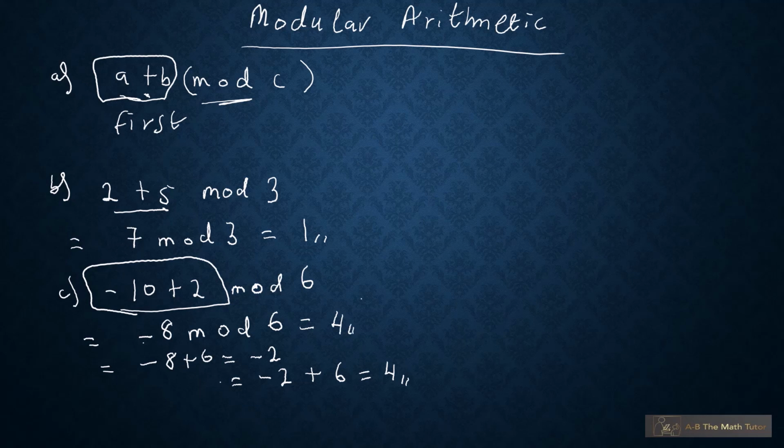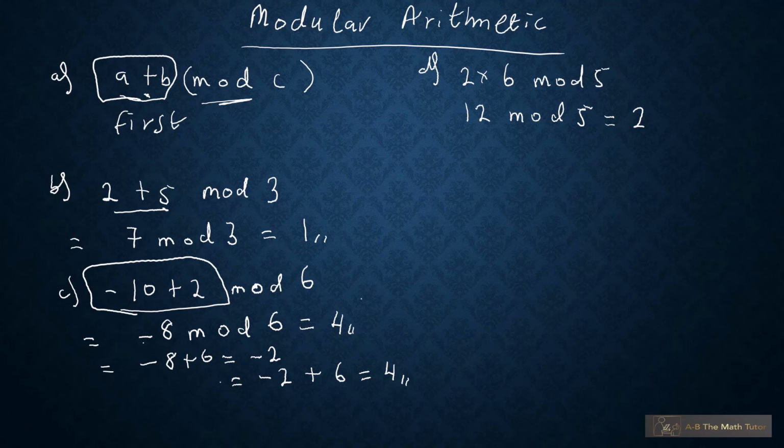Now this particular sign here can be any of the 4 main arithmetic operation signs. So it can be multiplication. For example, you can have 2 times 6 mod 5, which will in this case be 12 mod 5, and 12 mod 5 would be, guess it, 2, because 12 divided by 5 will be 2, remainder 2. 2 times 5 is 10, and there'll be 2 left to add on to the 12.